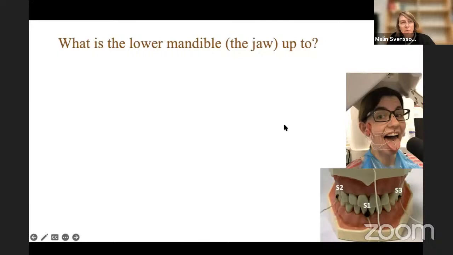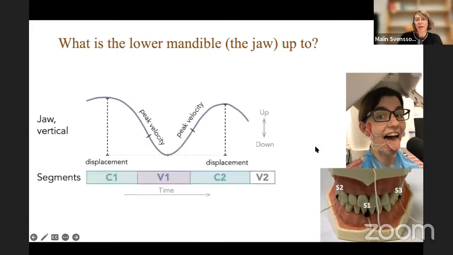So here is a speaker with sensors about to be recorded in the EMMA, and we have data from the lower mandible by the sensor in the middle on the lower incisors. The jaw, or the lower mandible, is really creating the syllable. It stays up during onset and coda, and then lowers, or the mouth opens up, during the nucleus, the vowel.